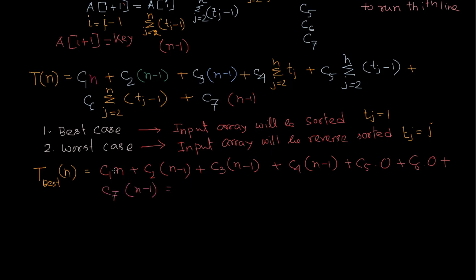So n has a maximum power of 1 always, and if I simplify it, you may get something like an plus b, right?